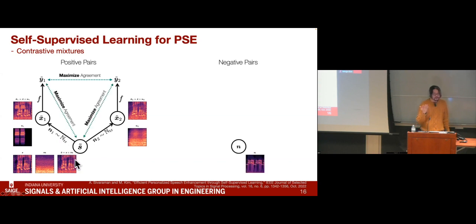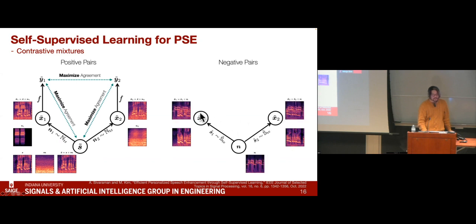But at the same time, there can be some negative pairs where we begin with some noise source, and then we add some noisy speech signals that are different from each other. But since they are contaminated by the same noise source, the mixtures are kind of similar to each other. So if the speech enhancement was done properly, then the result should be less similar than the input. That's why we have the negative pair, which actually minimizes the agreement.